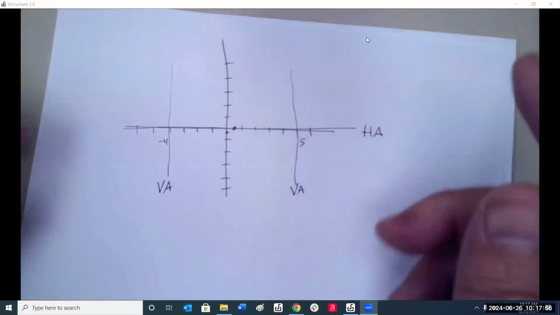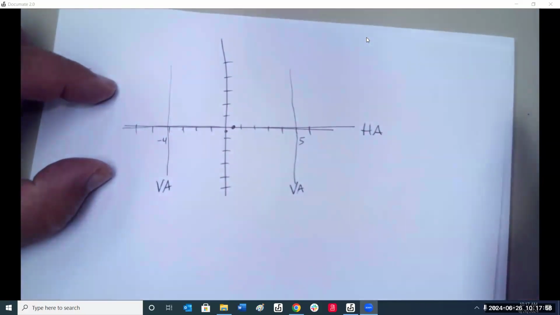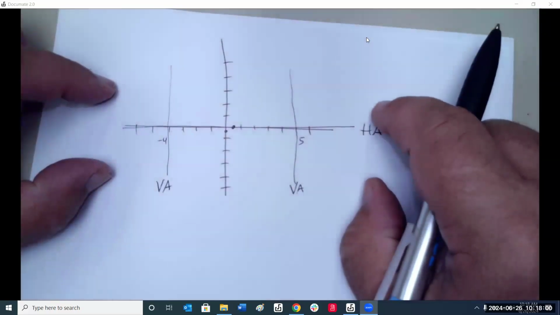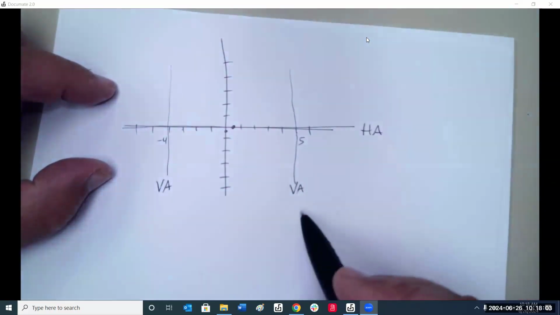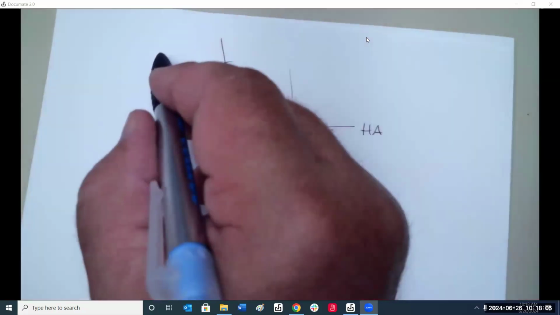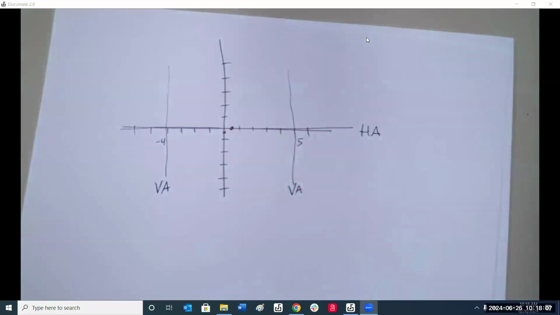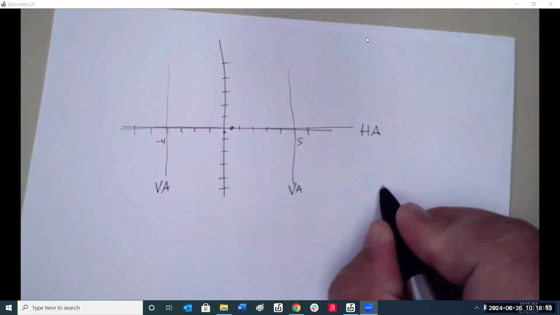We know that on these outer corners, it's either going to be up here or down here, up here or down there. We know that. But which one is it?